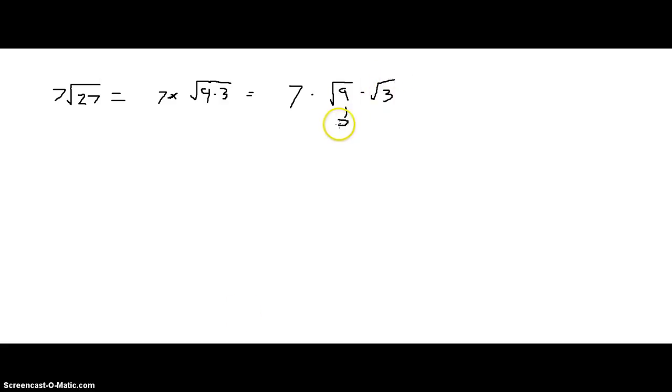Since the square root of 9 is 3, our problem written so far is 7 times 3 times the square root of 3. So 7 times 3 equals 21, radical 3. And that's our answer.